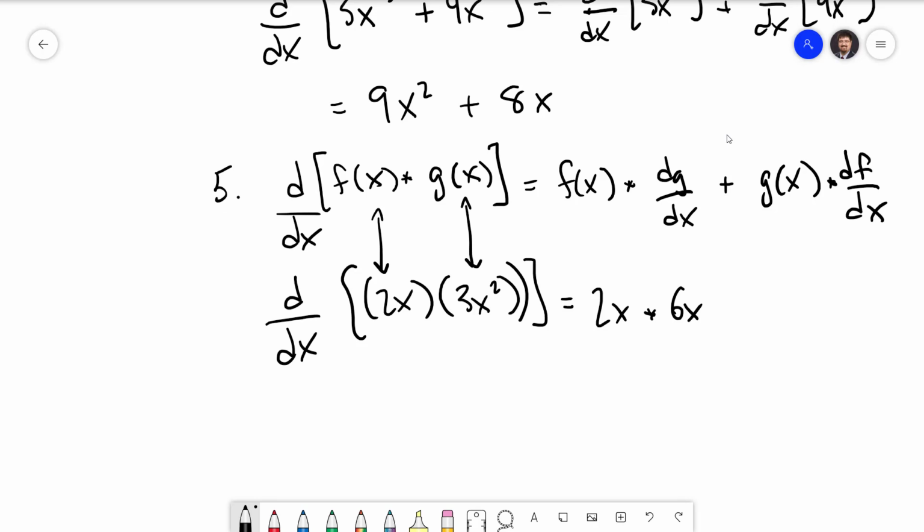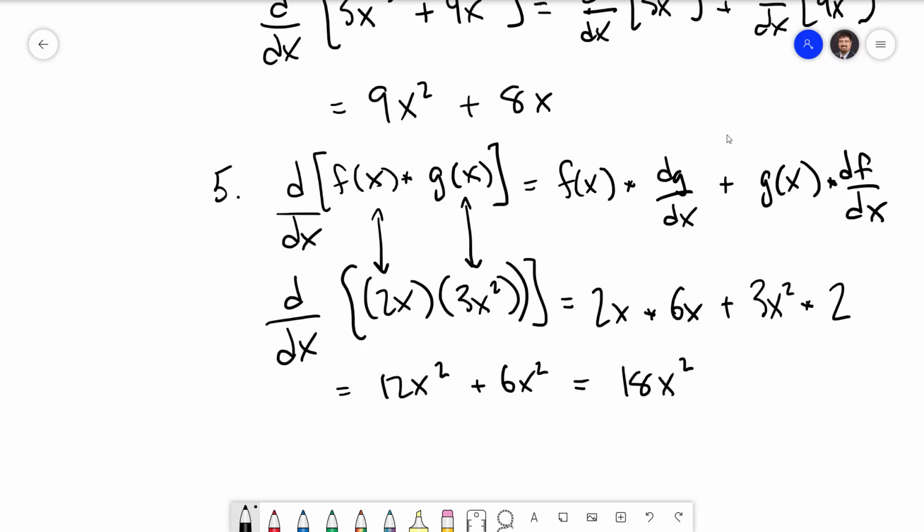Again, we're going to use the power rule there to bring the 2 down, multiply by the 3 to get 6, plus g of x, which is 3x squared, times the derivative of f of x, which is just 2. What we end up with is 12x squared plus 6x squared, which is going to be 18x squared.